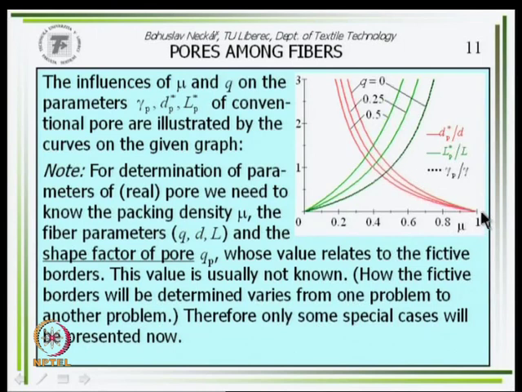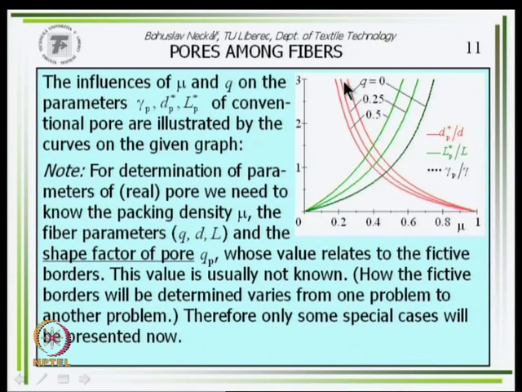Theoretically, if packing density is 1, then the volume of air is 0. The volume of pores must be 0, so the diameter of pore is equal to 0.